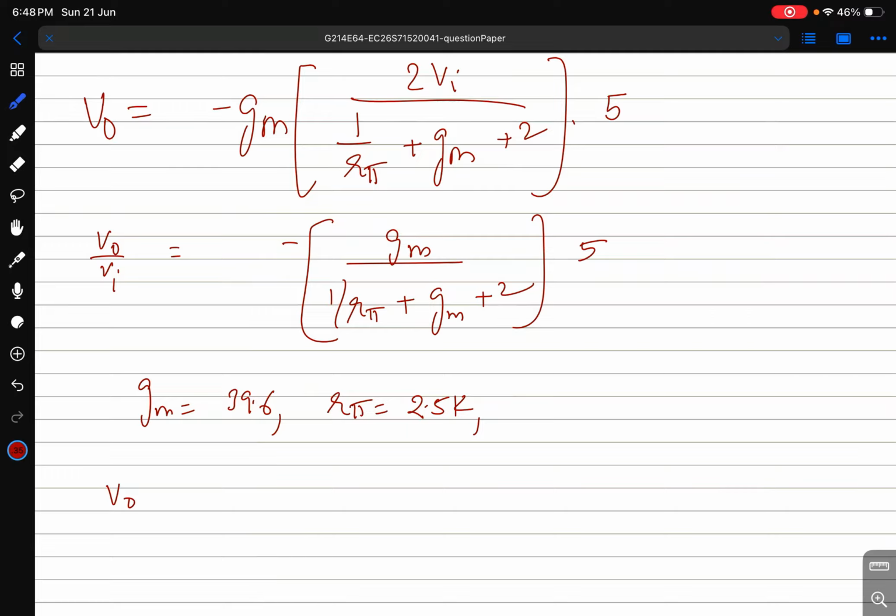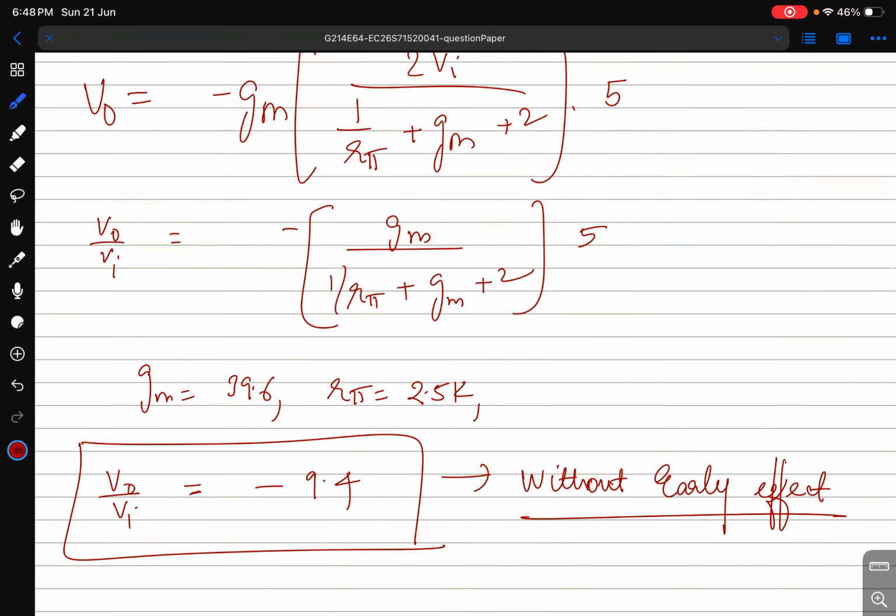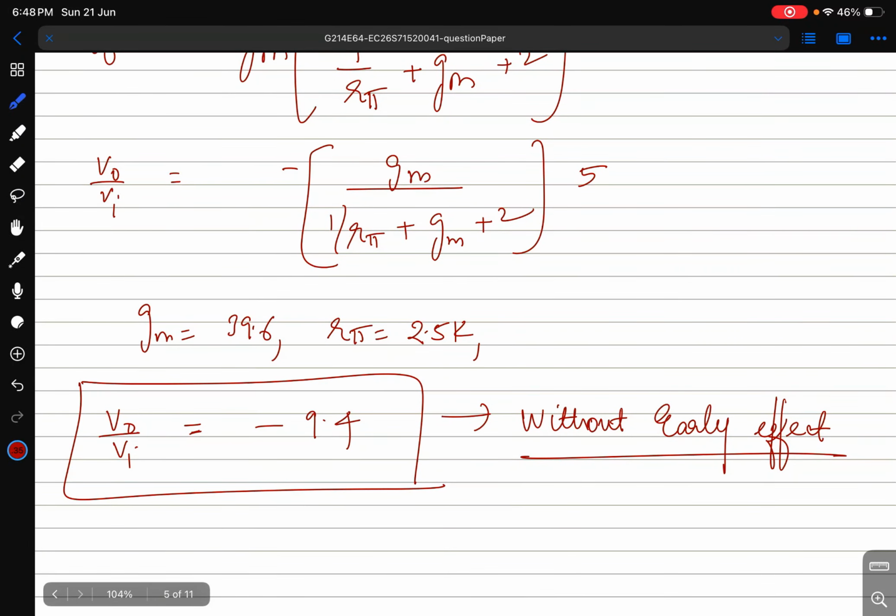So V0 by Vi comes out to be negative 9.4. So this is the gain when we don't consider the early effect. Without early effect. And now comes the trick.